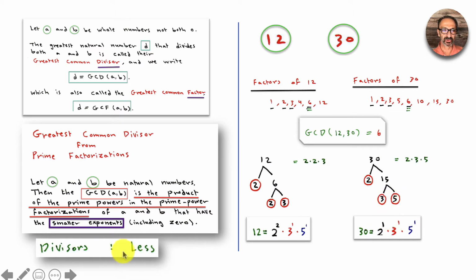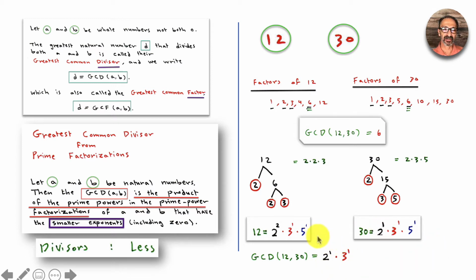So when you go for less and use the smaller exponents, between the 2s we pick 2 to the first. Between the 3s they're both the same, so we pick 3 to the first. For 5 to the power 0 and 5 to the power 1, we take 5 to the power 0, which is 1. When I say 2 to the first and 3 to the first, I don't mean 1 times 3.